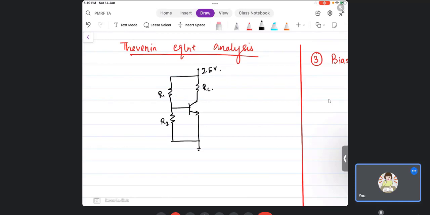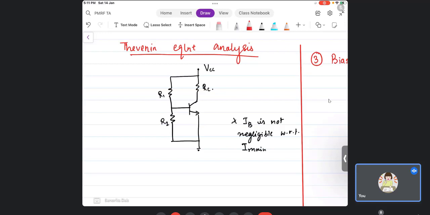Let me write VCC. Okay. So now I'm saying that I was unable to design the circuit where IB is negligible. So IB is not negligible with respect to I main.